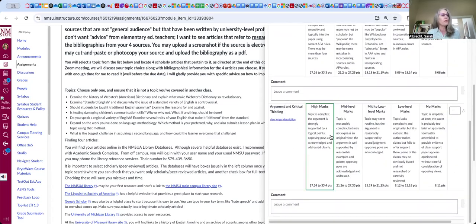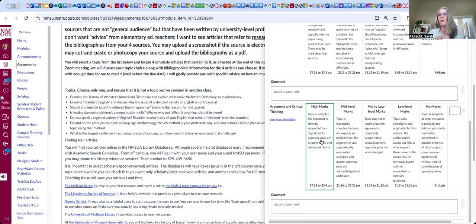So going back to argument and critical thinking, be sure that if there are opposing points of view, you're addressing those. And going back to you making your logical points, this section is really how everything is coming together.